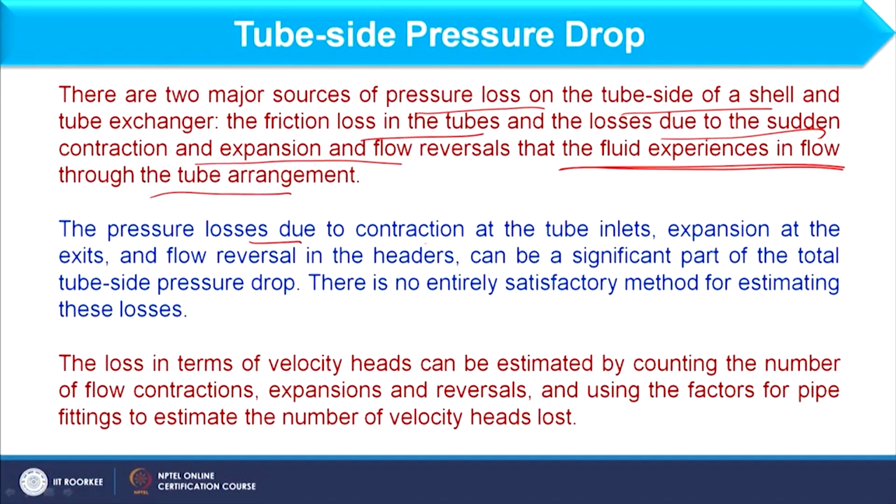Further, pressure losses due to contraction at the tube inlet, expansion at the exit and flow reversal in headers can be a significant part of the total tube side pressure drop. There is no entirely satisfactory method for estimating these losses.